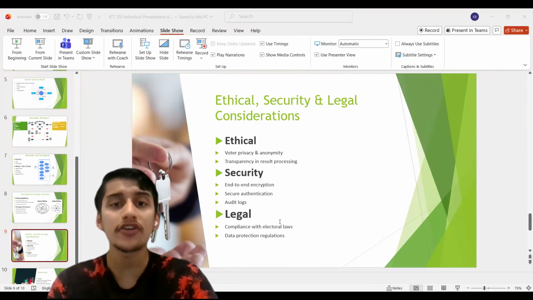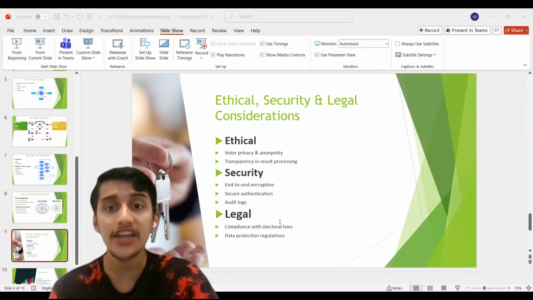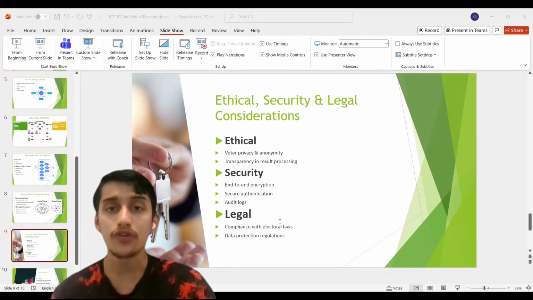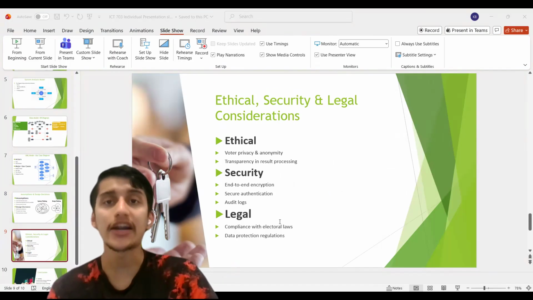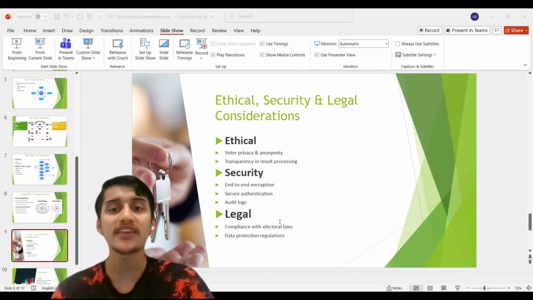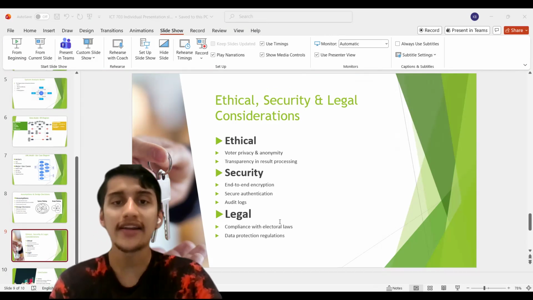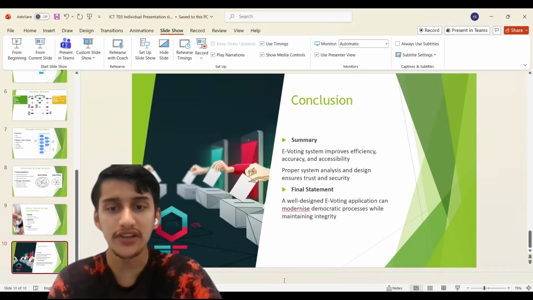From a security perspective, features such as end-to-end encryption, secure authentication, and audit logs protect against tampering and vote fraud. Legally, the system must comply with electoral laws and data protection regulations, which is essential for public trust. Finally, I will conclude by summarizing the overall value of the given system.